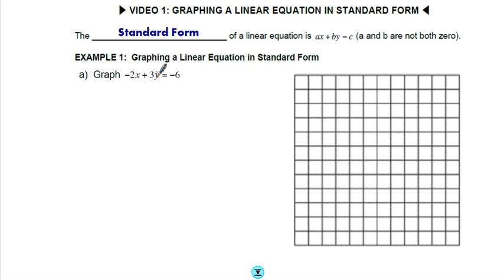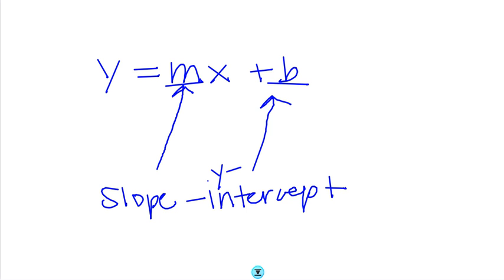Standard form and slope-intercept form are different. Slope-intercept form is y equals 3x plus 6, and standard form is 2x plus 3y equals 6. If you look at it, you notice that in standard form all the variables are on one side and the number is by itself.